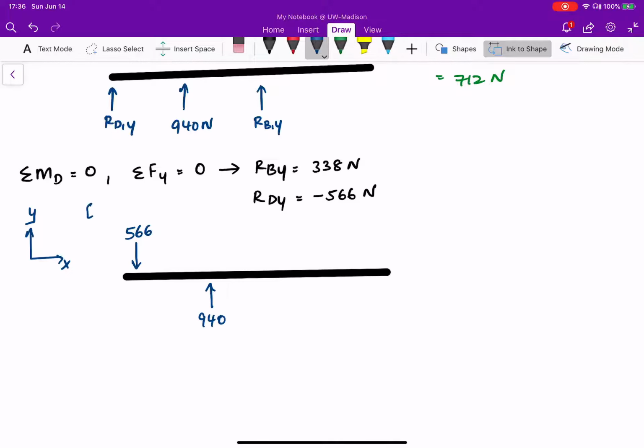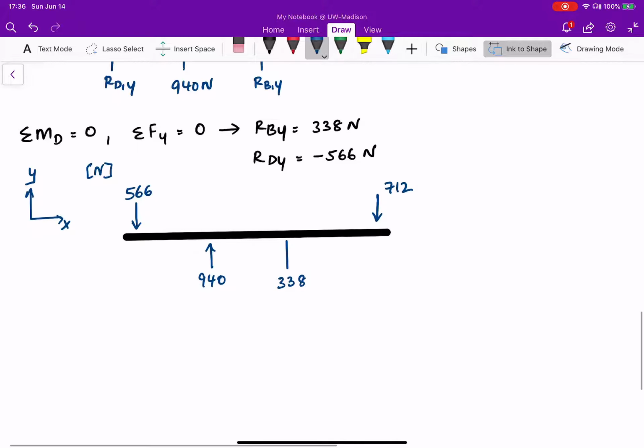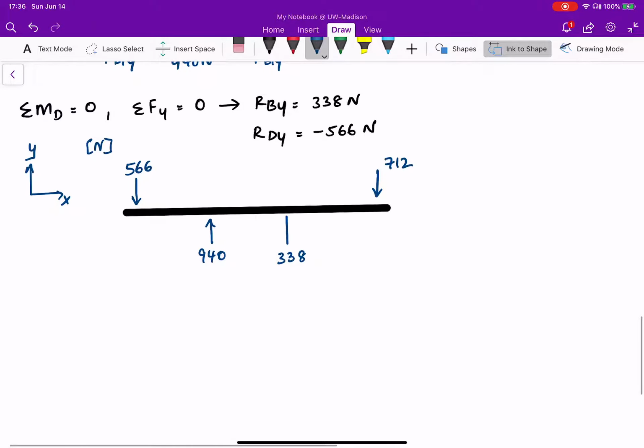Again, these are all in newtons. Then we have 338 and 712. Right, so now that we have all the forces in the XY plane, let's draw the shear diagram.